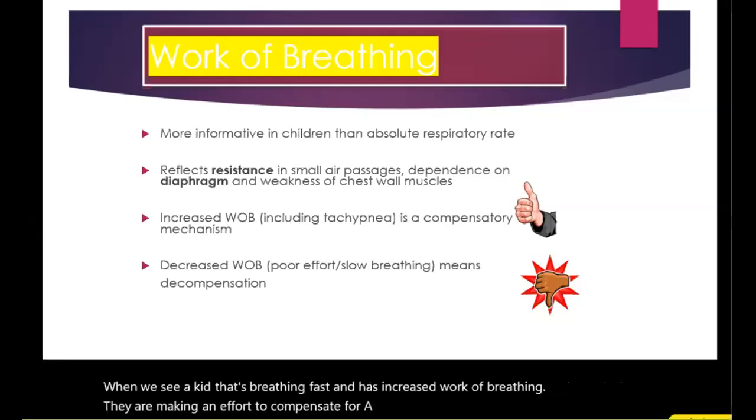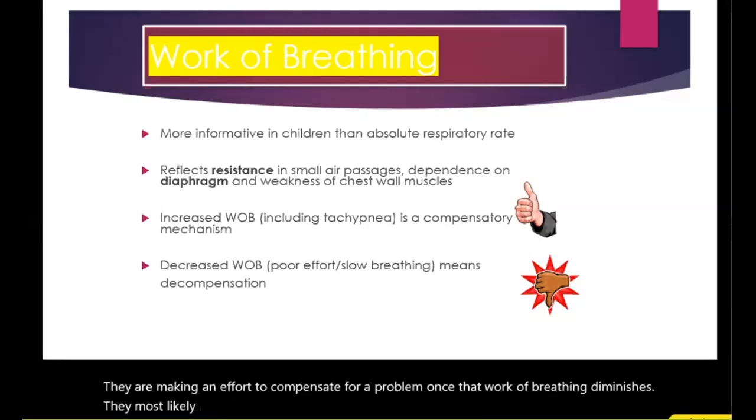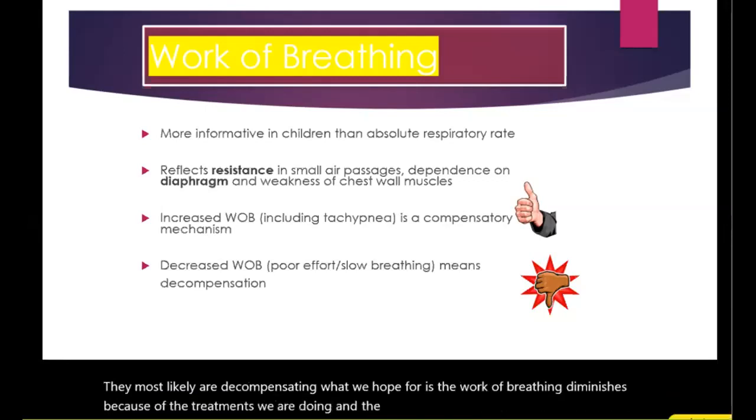Once that work of breathing diminishes, they most likely are decompensating. What we hope for is the work of breathing diminishes because of the treatments we are doing and the child overall is getting better. So take this slide in context.